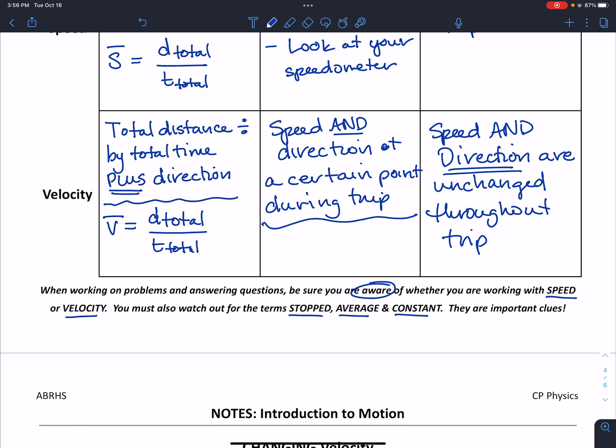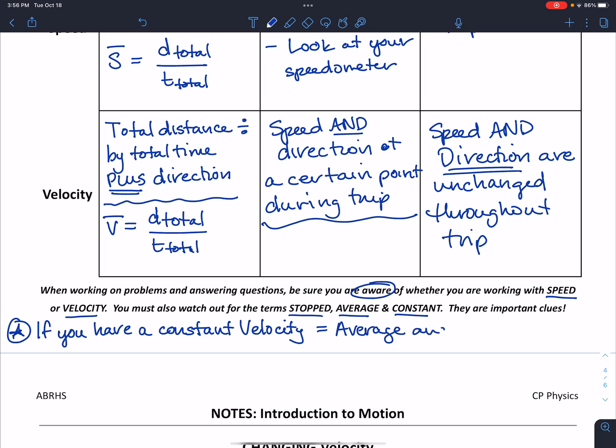Remember, just like speed, if you have a constant velocity, then that value equals your average and instantaneous velocity values.